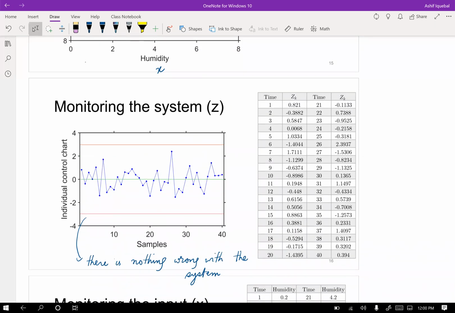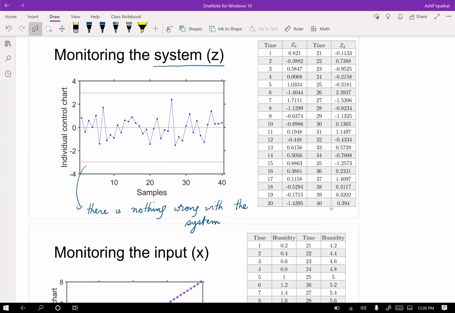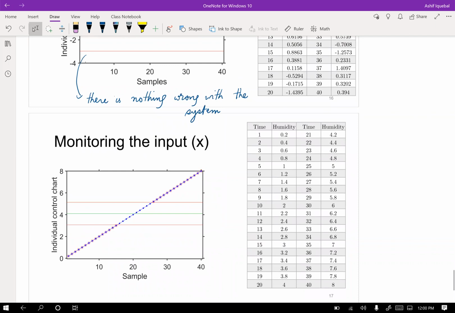Because all the data points are inside the control limits. And remember, Z is your system. Now, the last thing is I also want to monitor the input X. When I monitor the input X, I notice that there's something wrong with the input. The humidity levels are varying throughout the day.